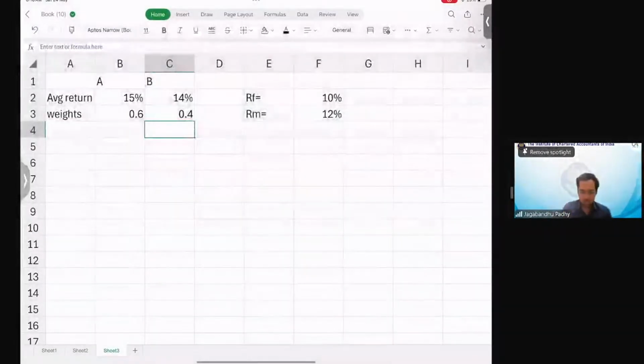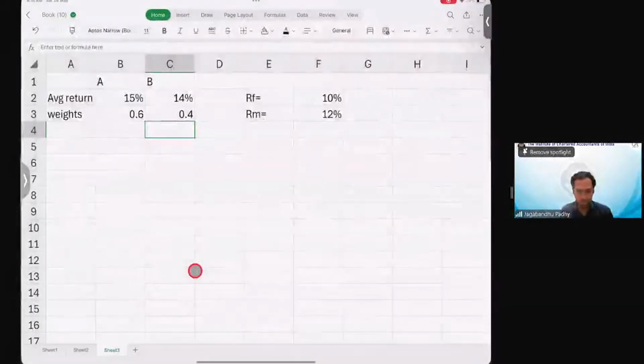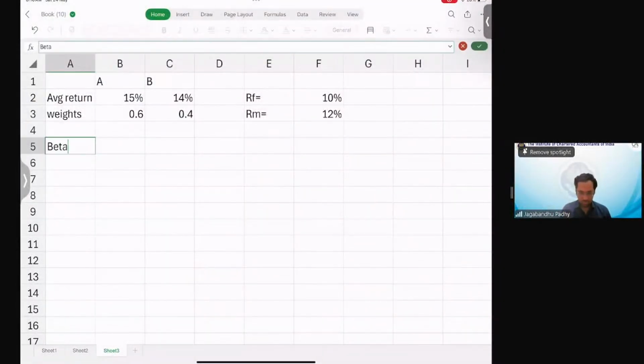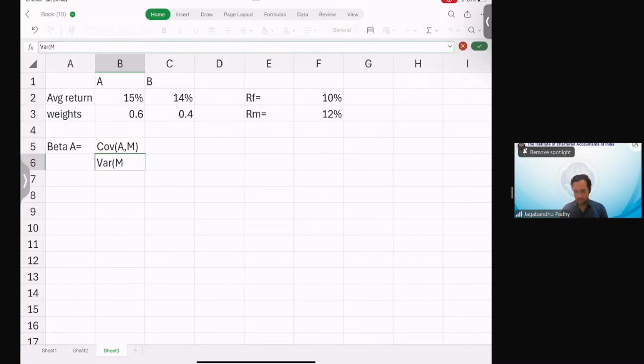Now, coming to the first one, expected return of security A, B, and portfolio. For that, we need to compute the beta of A. Beta of A is the covariance between A and market divided by the variance of market.